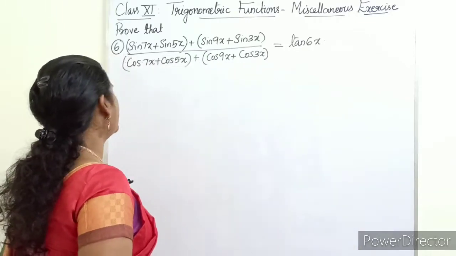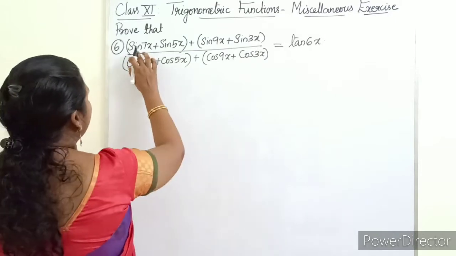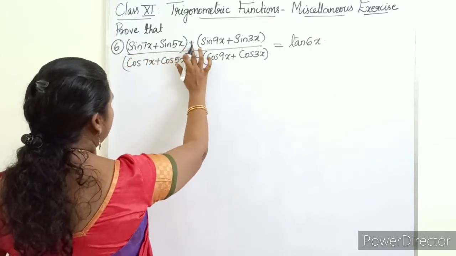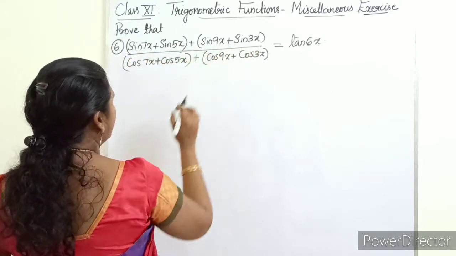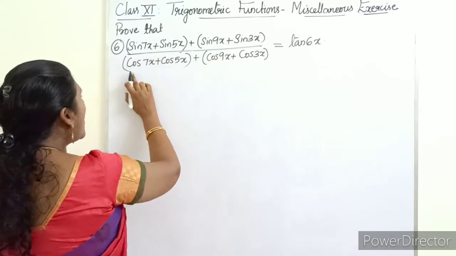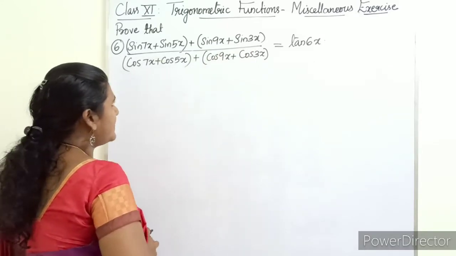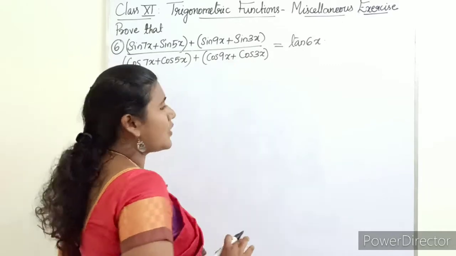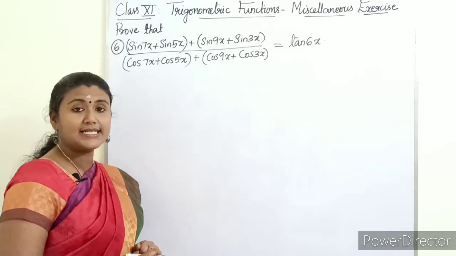Now the sixth question: prove that (sin 7x + sin 5x + sin 9x + sin 3x) divided by (cos 7x + cos 5x + cos 9x + cos 3x) is equal to tan 6x.